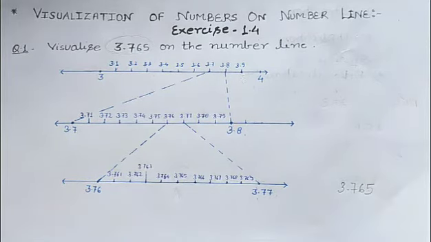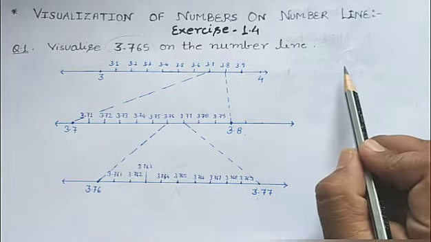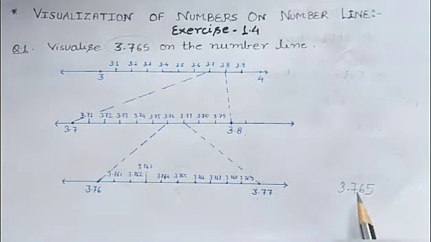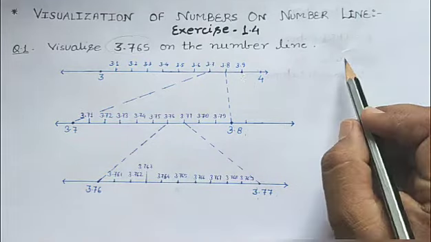3.765. How will we reach this number? Step by step. On the number line we can represent 3.7. Firstly we have taken 3.7. How will we represent 3.7?